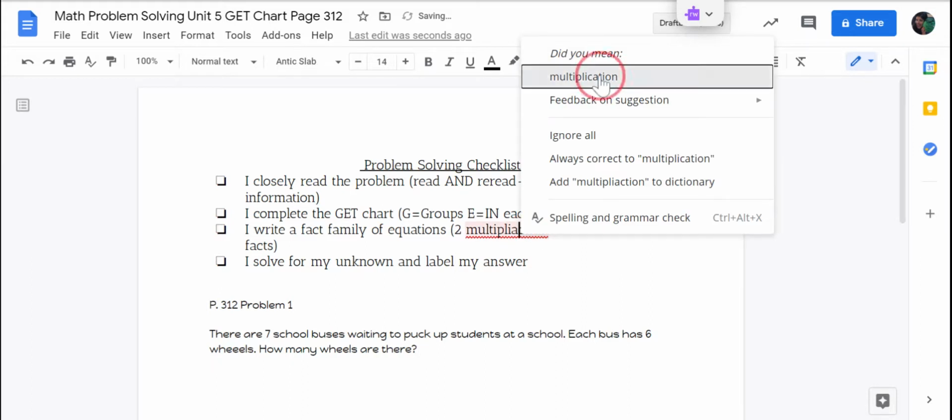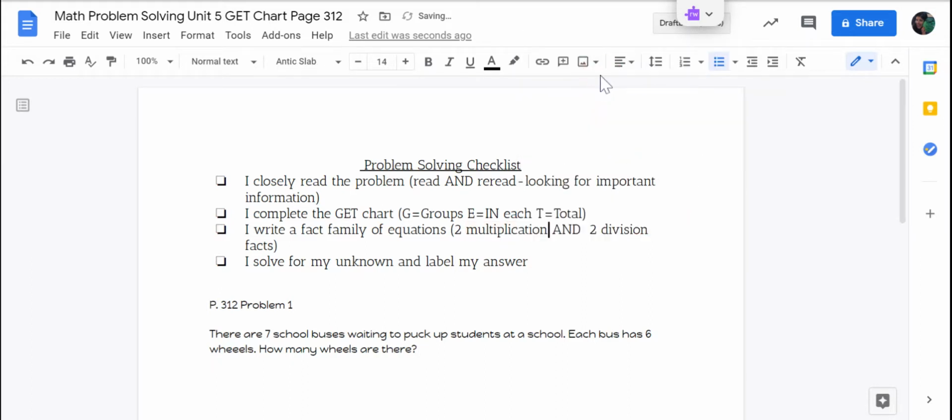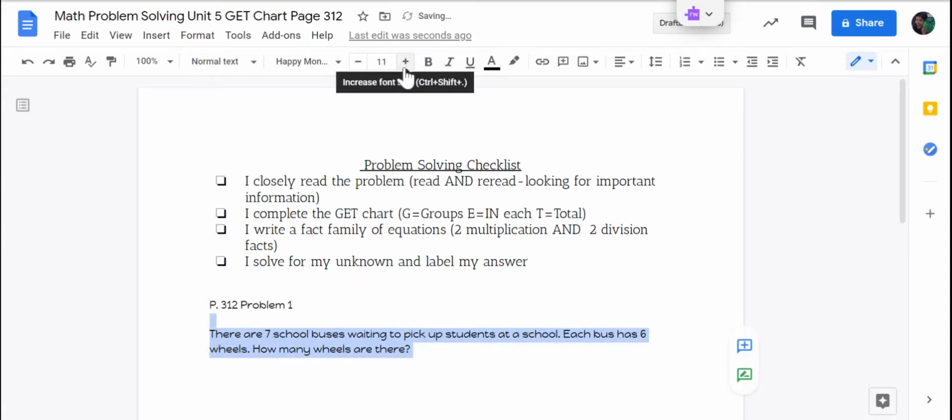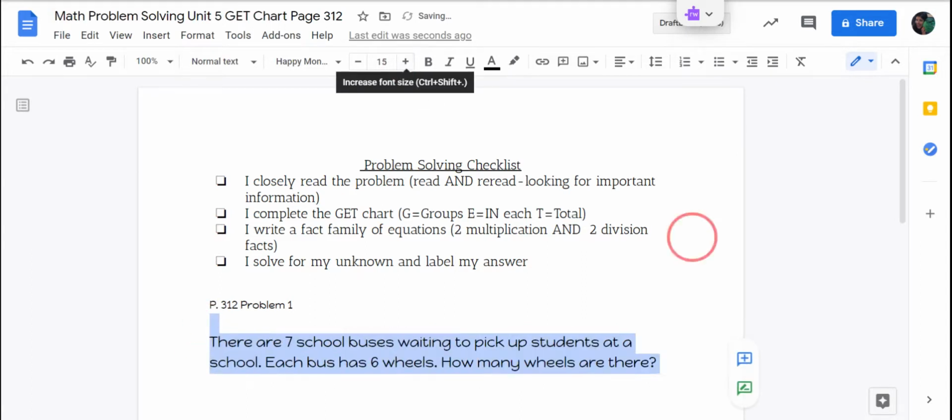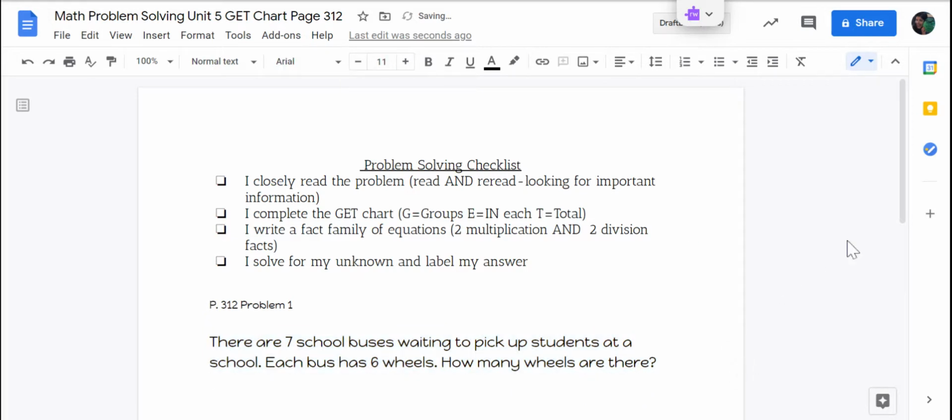So let me fix multiplication. So there are 7 school buses waiting to pick up students at school. Each bus has 6 wheels. How many wheels are there? And let me make that a little bit bigger so we can see it. And you should be able to see this in your book as well.